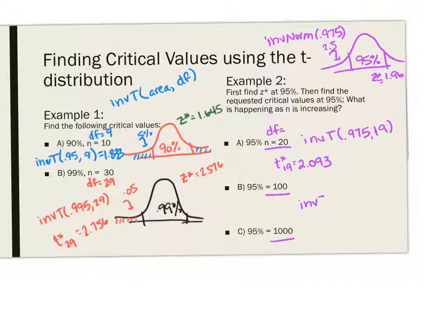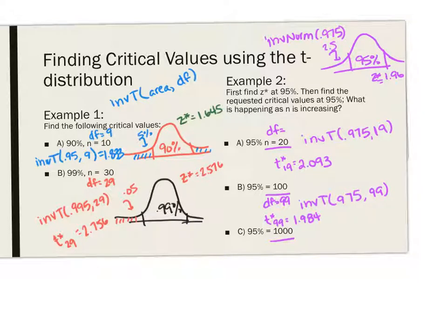Here, inverse T, 0.975 again, except this time your degrees of freedom are 99. So inverse T, 0.975, comma, 99, and you get your T star at 99 degrees of freedom is 1.984.